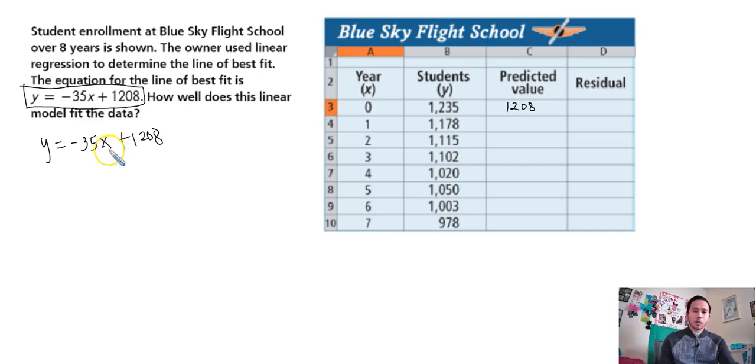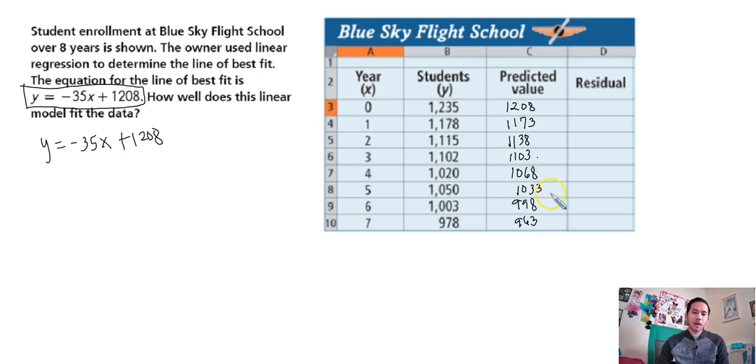If I plug in 1 for x, the answer here is 1173. If I plug in 2, I get 1138, 1103 for 3, and for 4, that's 1068.